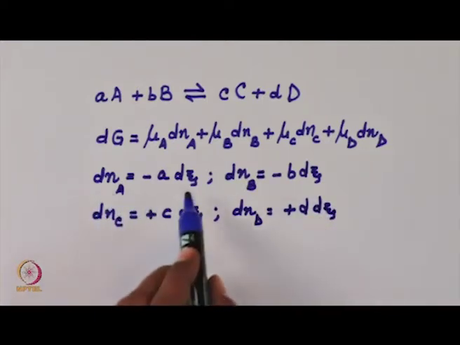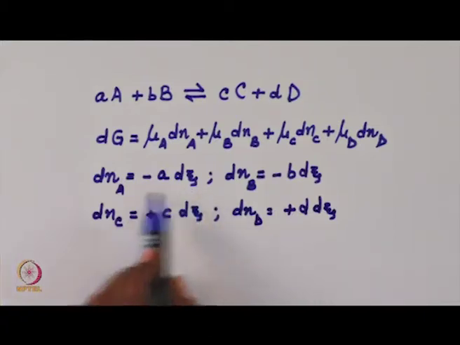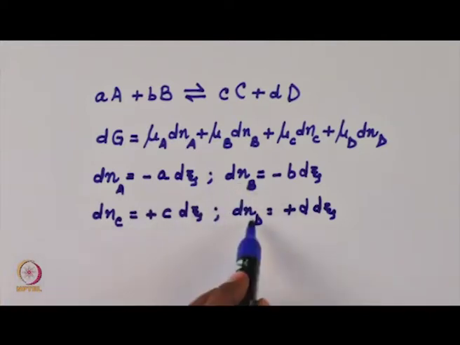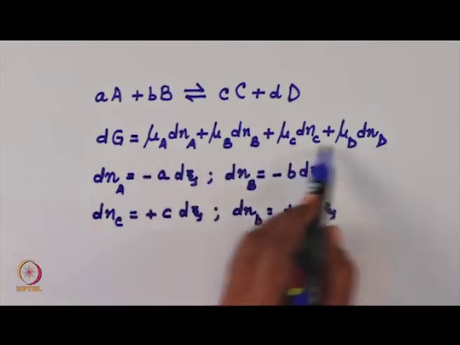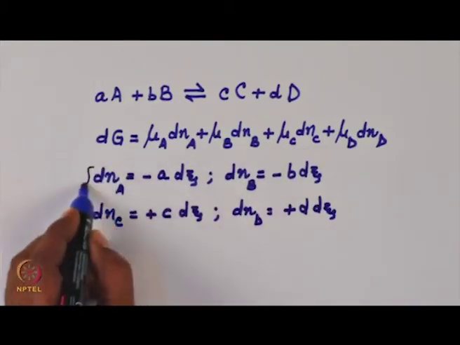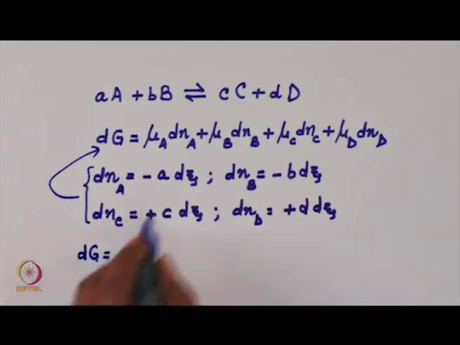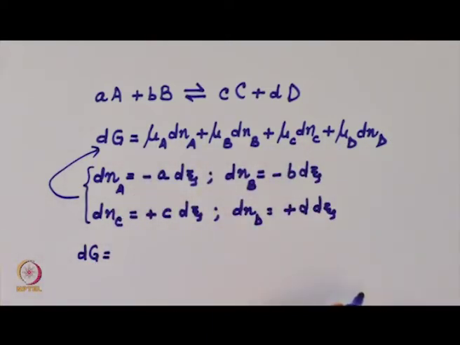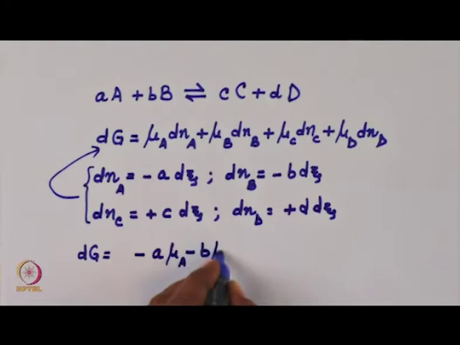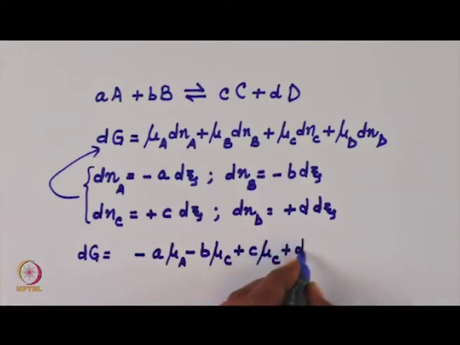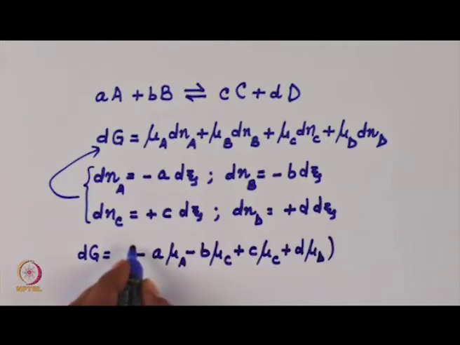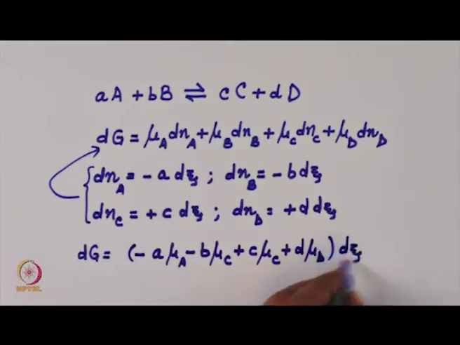Now in terms of the extent of reaction, we have expressions for dNA, dNB, dNC, dND, which can be substituted in this expression, and let us see what we get. We get dG equal to, once I substitute, minus nu A times mu A minus nu B times mu B plus nu C times mu C plus nu D times mu D, taking d xi out of it.